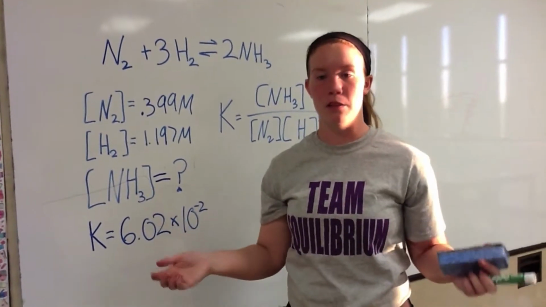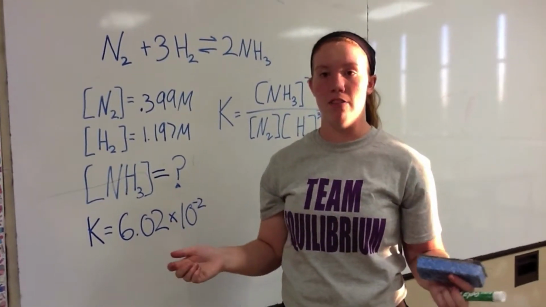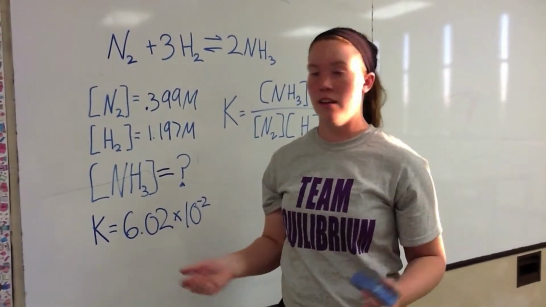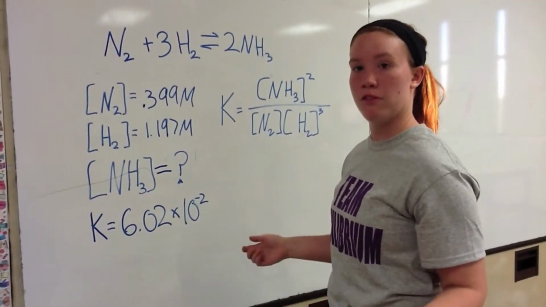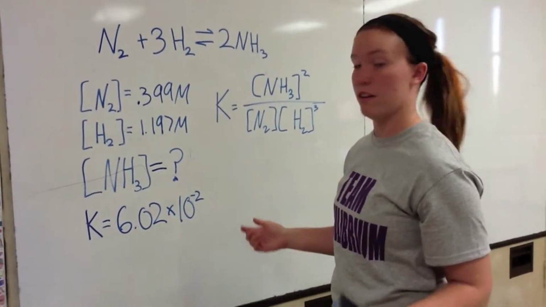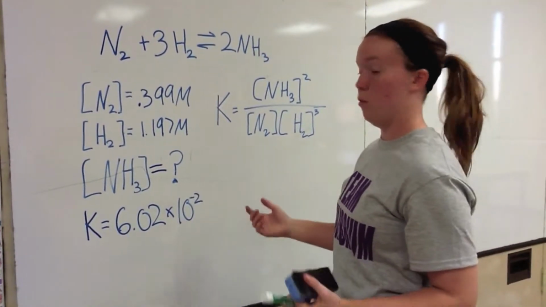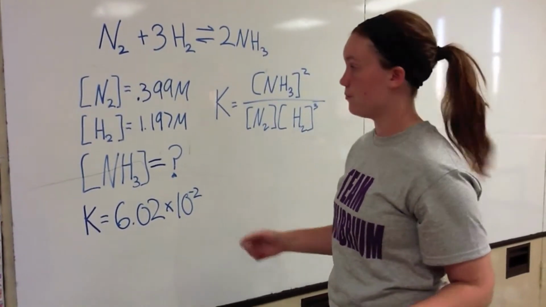What if we have an equilibrium constant, but need to solve for the concentration of one of our products or reactants? Let's use the same equation as before, but instead of solving for K, solve for NH3. We'll also change the concentrations.